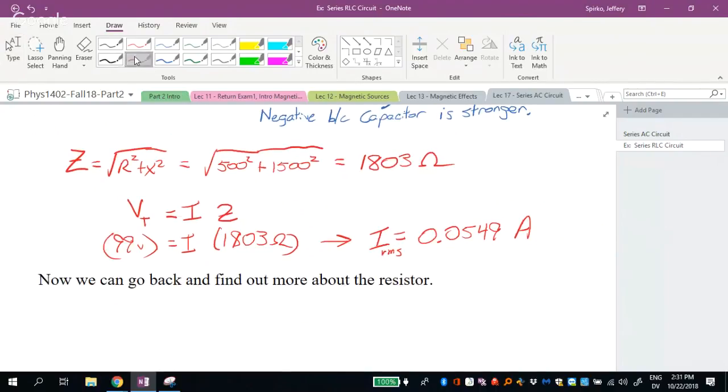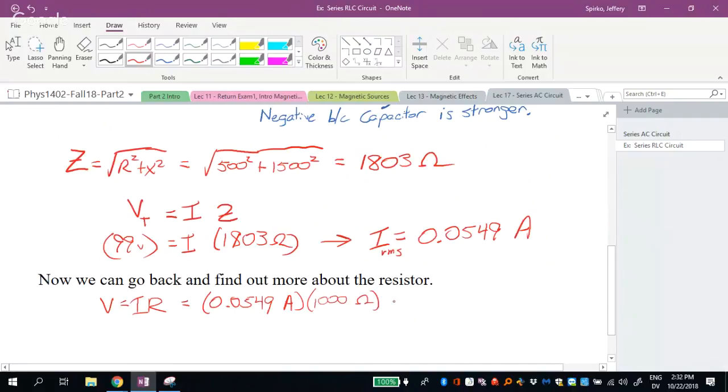We could do V equals I times R, which is 0.0549 amperes times 1,000 ohms, which is 54.9 volts.